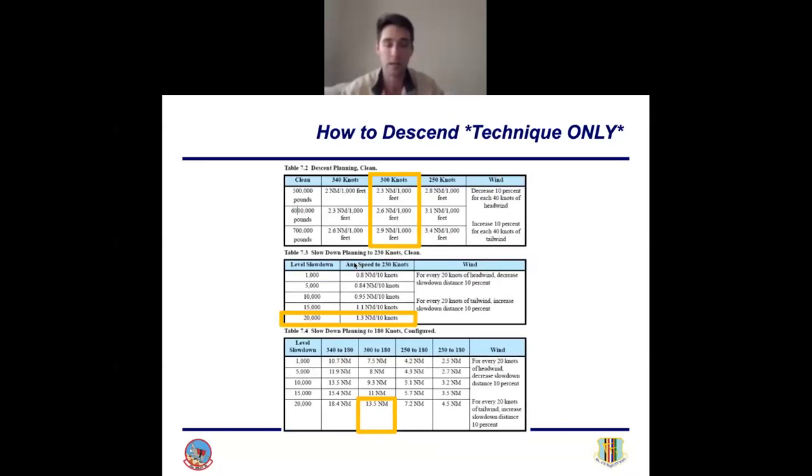I highlighted the numbers that I use personally, because most people are descending at the top clean at 300 knots, and then a slowdown from 300 to either 230 or to 180 is generally what people do. I also did level slowdowns at 20,000 feet.